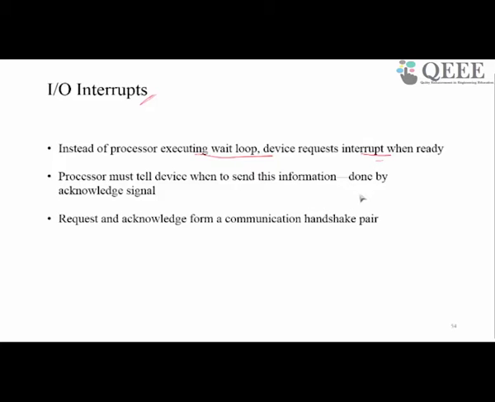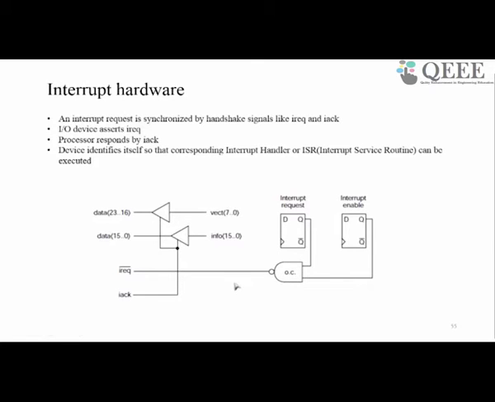When an interrupt is raised, the processor must tell the device when to send the information, and then it gets into a mode where the request is handled and acknowledged and the communication takes place.